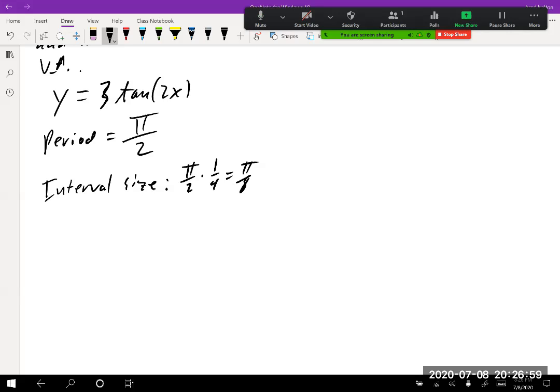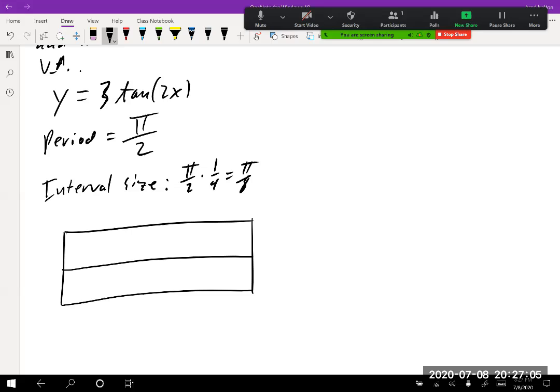Okay. So now what I'm going to do is I'm going to draw my little table. We're going to have x, and we're going to have 3 tan 2x. Now, in general, tangent, I feel like is a little harder to do in your head, so we might have to break out our calculators on this, but we'll see. Okay.